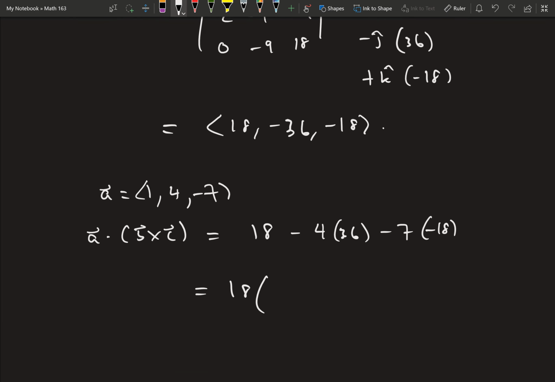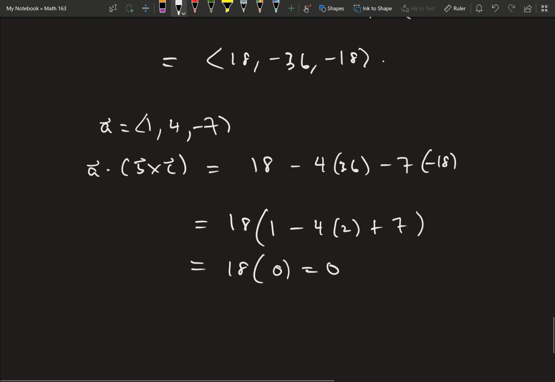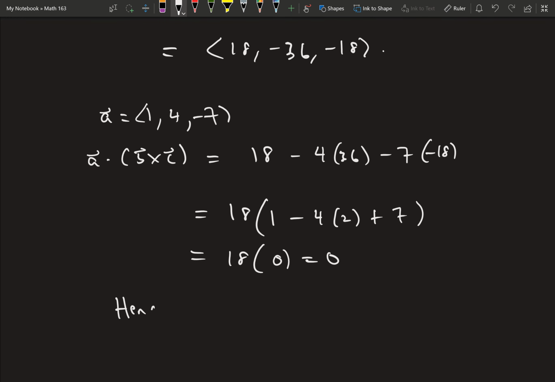We get 18 times 1 minus 4 times 2, and then plus 7 here. So we get 18 times 8 minus 8 is 0. This is 0, and hence the vectors are coplanar, because the volume of the corresponding parallelepiped would be 0.